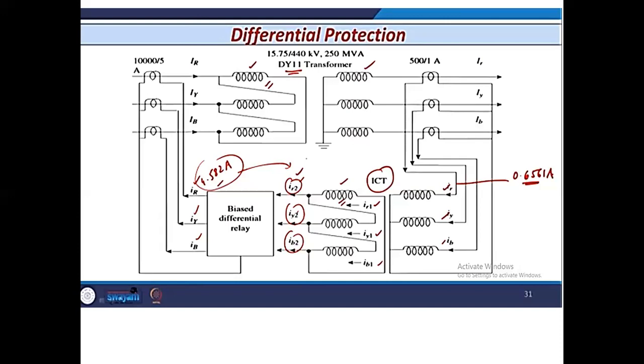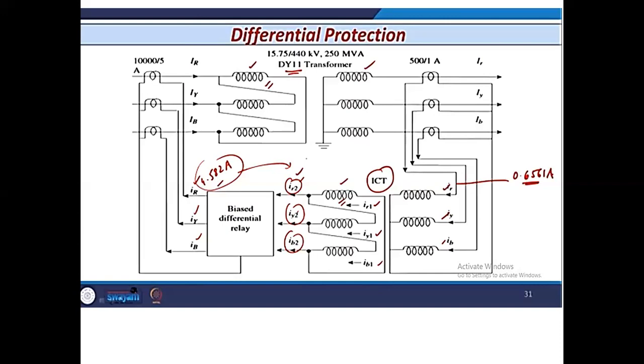This delta connection is similar to the delta connection above. The currents through the winding are IR1, IY1, and IB1, and the available currents are IR2, IY2, and IB2.